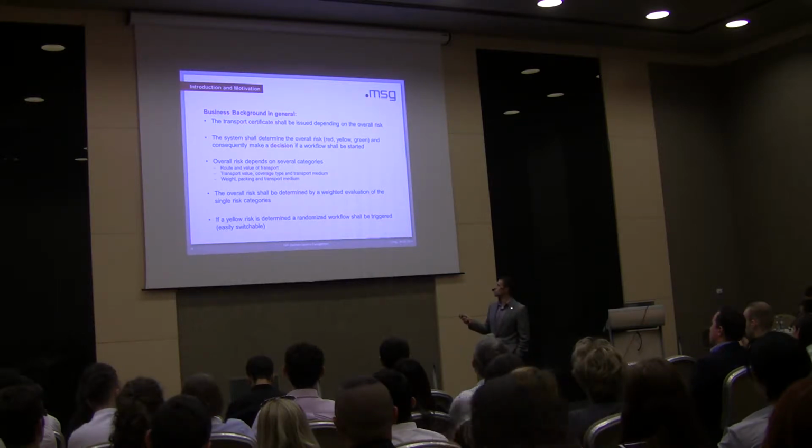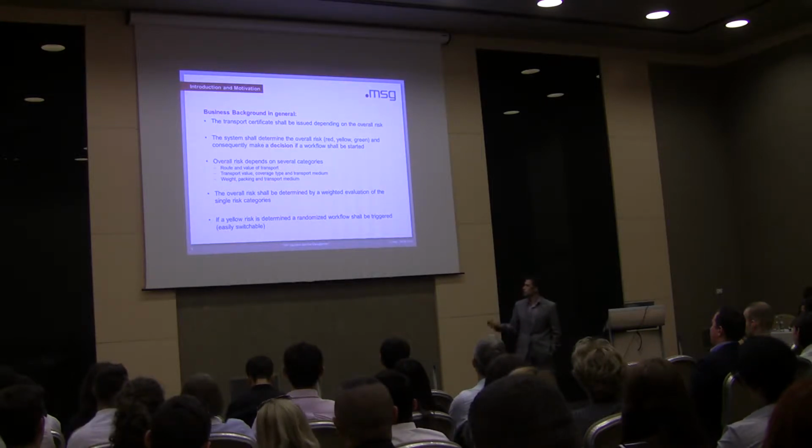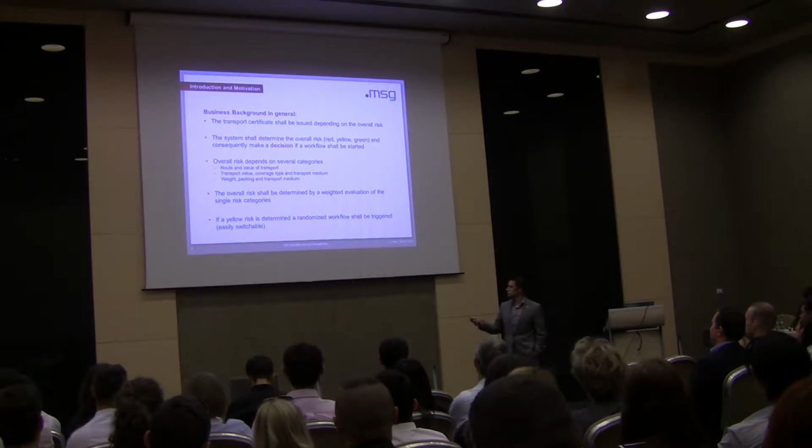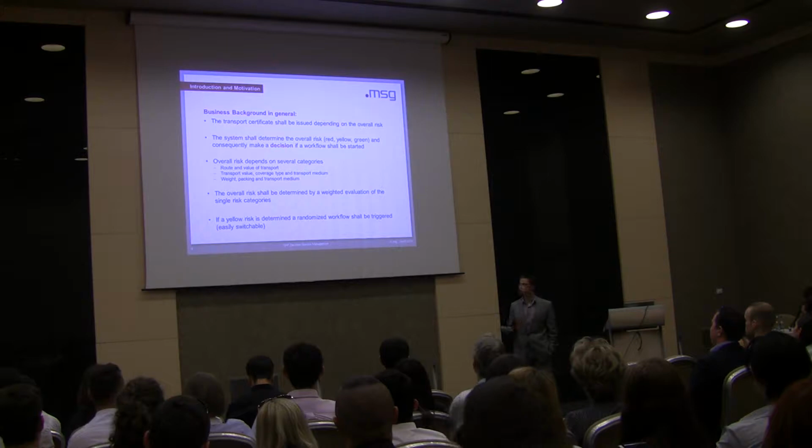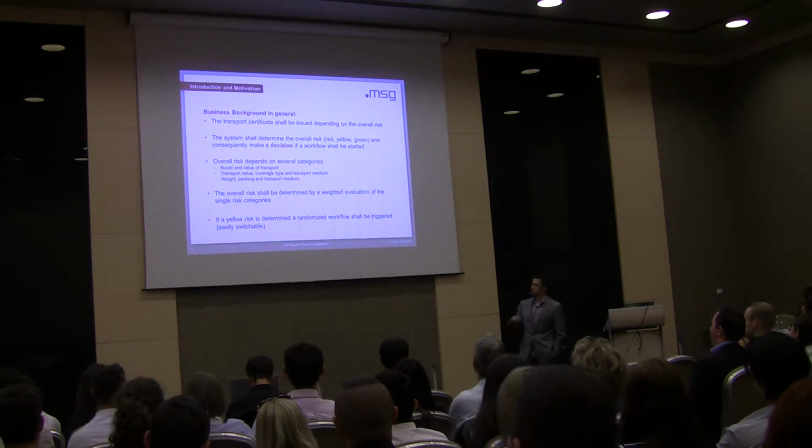The transport value, coverage type, and transport medium in another one, and the last one is the combination of weight, packing, and the transport medium. And the combination of these three risks determines then the overall risk, and that's determined by a weighted evaluation of the single risk categories. So that's the business case.